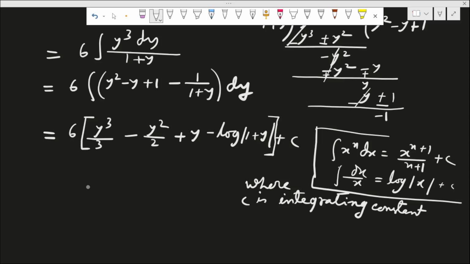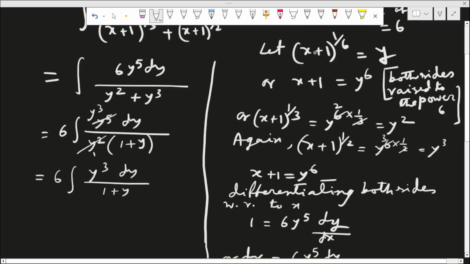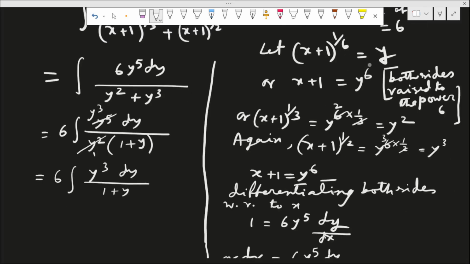Finally, we will substitute the value of y. x plus 1 to the power 1 by 6 is equal to y.